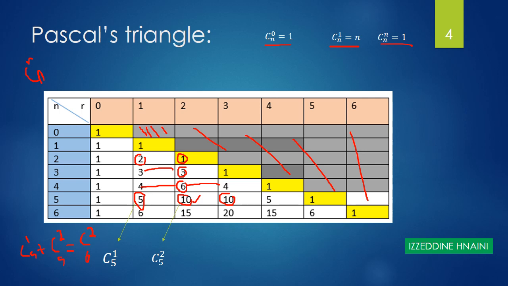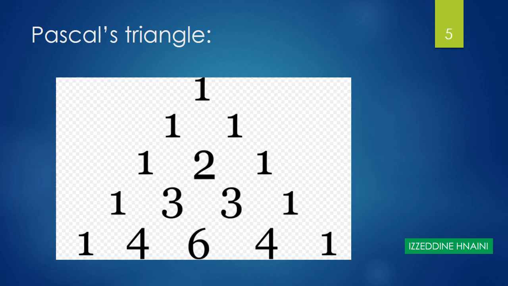So we can write 5 plus 10 equals 15, and we write 15 here because this 15 represents the combination C(6,2). So we get this Pascal triangle.